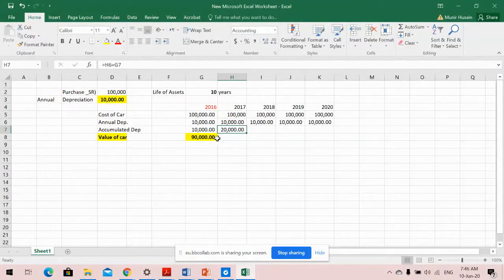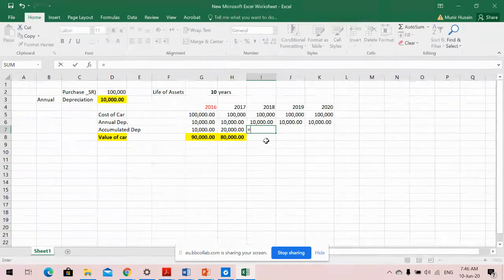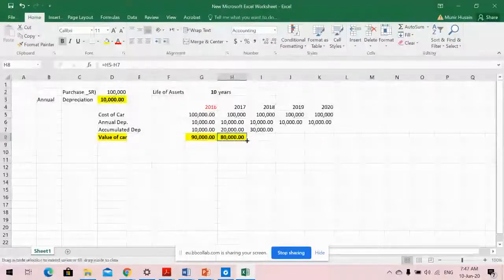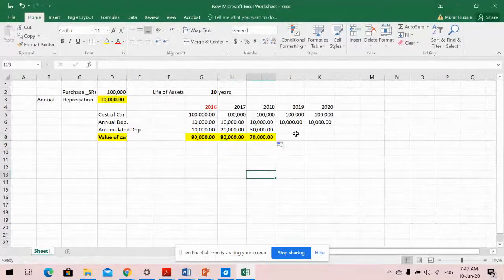So the value of our car will be 80,000, right? Similarly, when we continue to the next one, our total depreciation, meaning for the previous 2 years as well as 2018, we know it is 30,000, which is the previous total of 20 plus 10 of this year, so it is 30,000. So now the value of our car is 70,000.